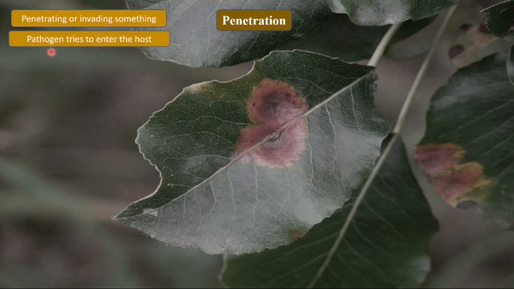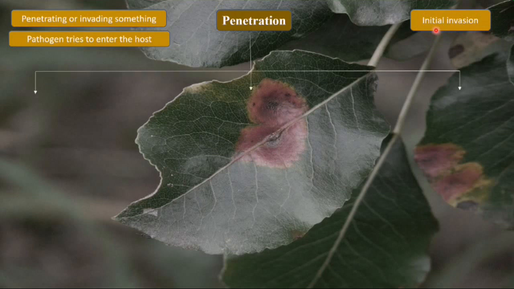So here the pathogen which has arrived on the surface of the host plant will now try to enter the host. So this is called penetration, right? This is actually initial invasion, that is, the plant has actually not invaded, but the plant is trying to invade, so it is called initial invasion, right?